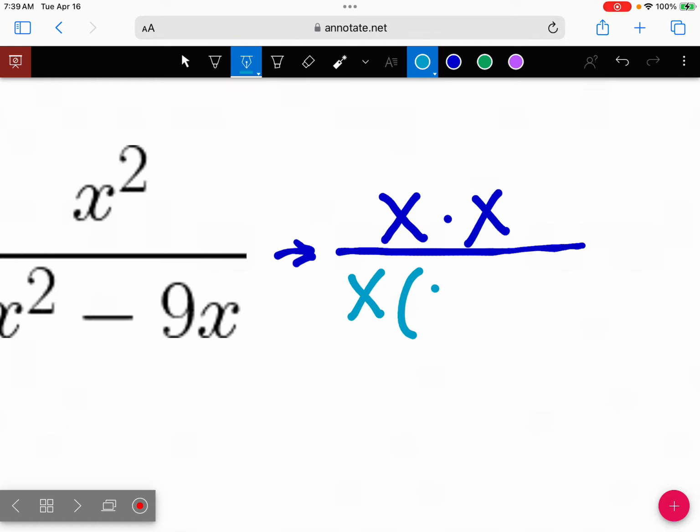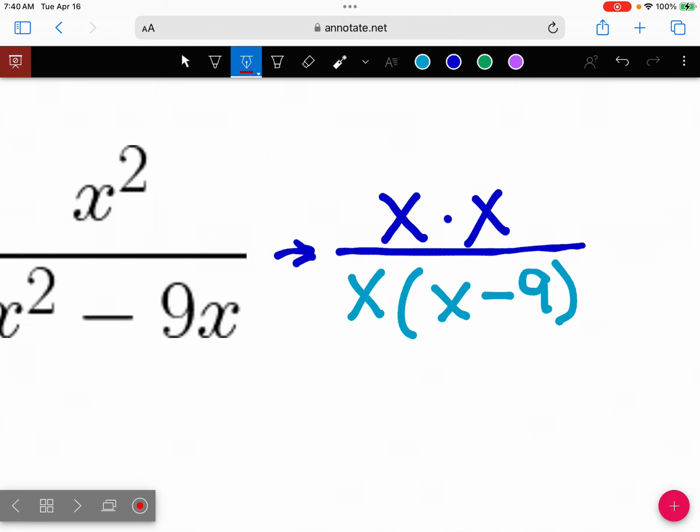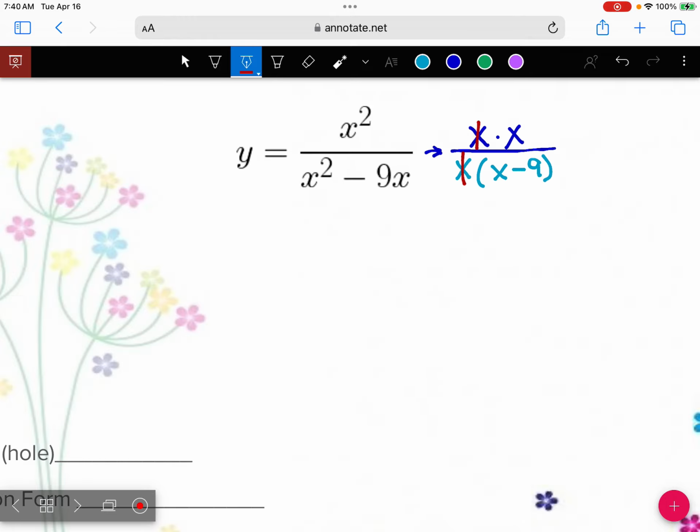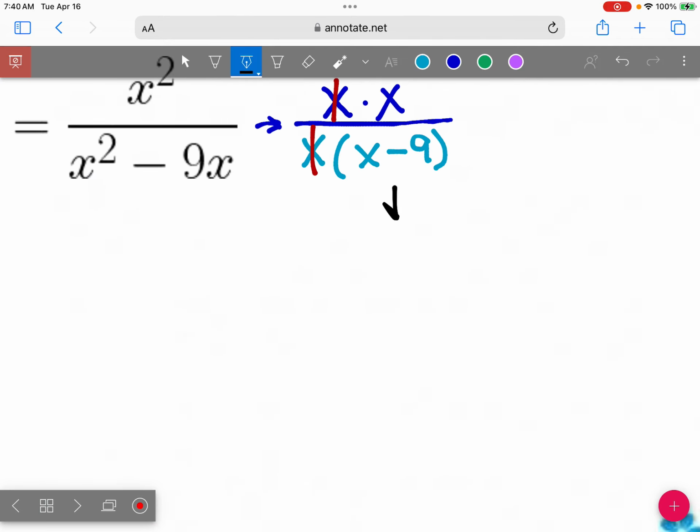So this is x times x minus 9. Which means we can simplify out one of these x's. Which gives us our remainder, or our next piece of our function as x over x minus 9.